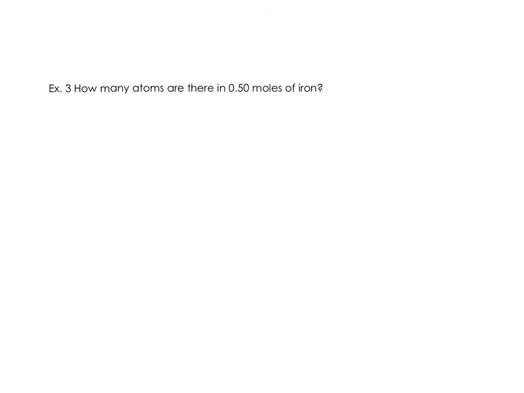Example number 3. How many atoms are there in 0.5 moles of iron? Iron is an element, so Avogadro's number, the particles, are atoms. So we know we have 0.5 moles, so that's N. We want to know how many atoms, so that's big N. When we ask how many, we're looking for big N. When it's the amount of moles or how many moles, it's small n.